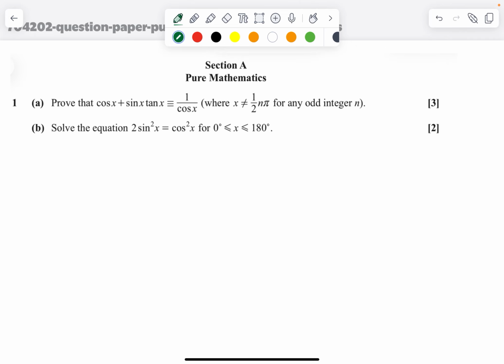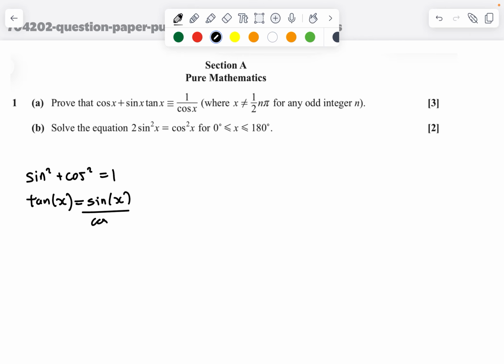Okay, so this question is using an identity, and definitely you've seen the identity that sine squared plus cosine squared equals 1, and that tan x equals sine x divided by cosine of x.